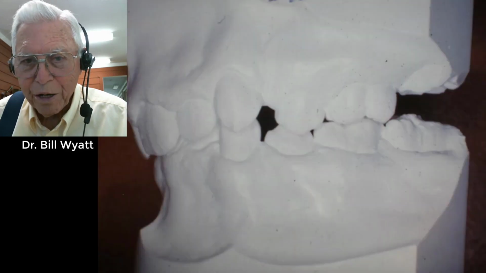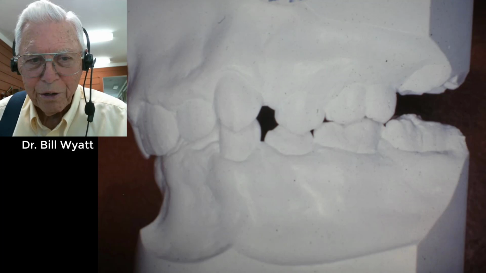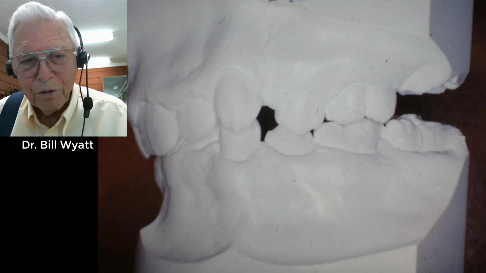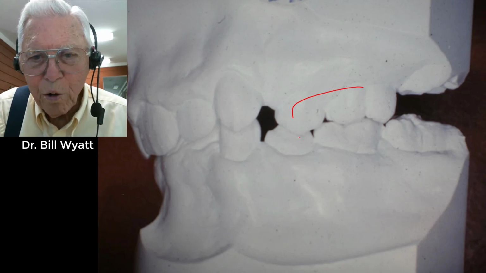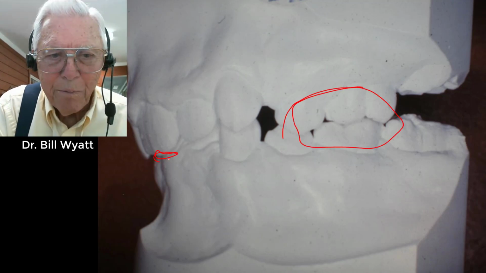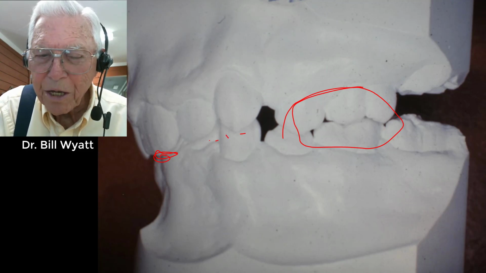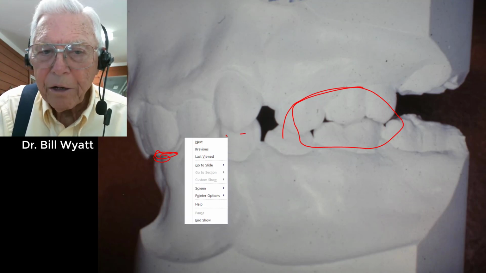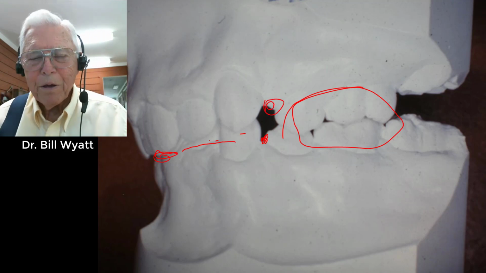Now look at the other side of the mouth, and it's class 1, 2, not quite as good as the other side, but we've got this deep bite. And so if you have a class 1 case and a deep bite, you've got to have a lot of crowding in lower anterior teeth, or else these lower anterior teeth have moved back. You see, this gap is much less than this gap up here.